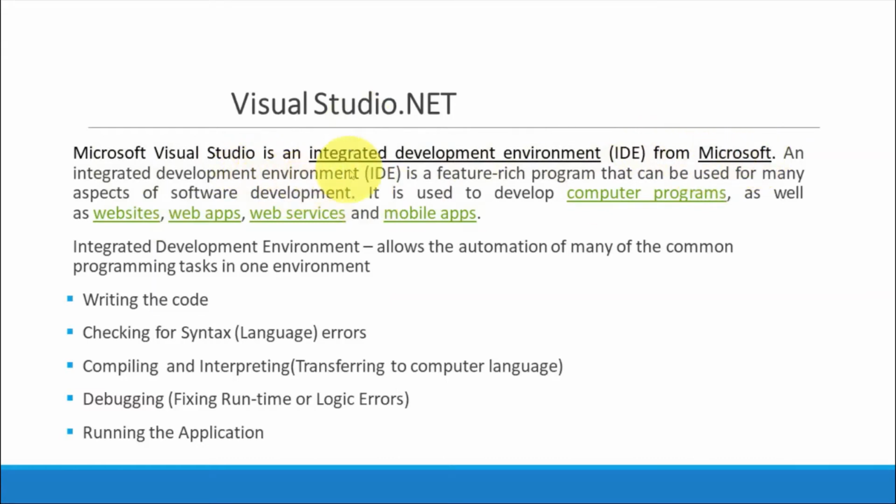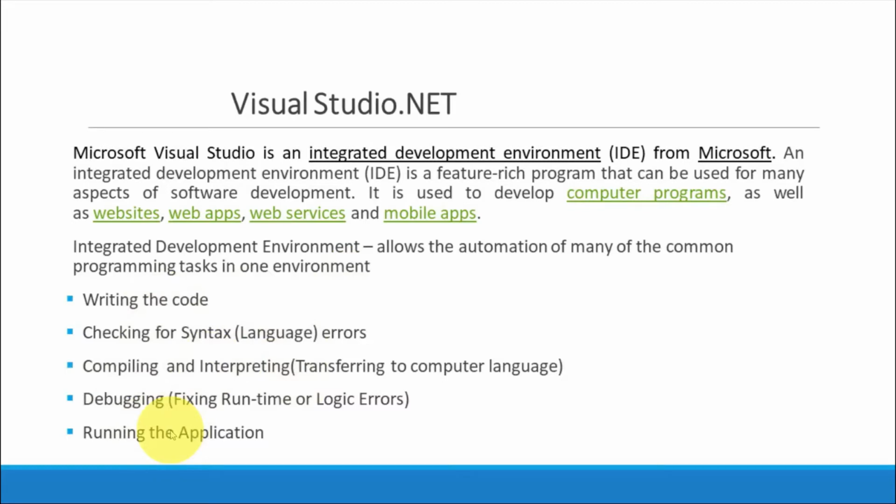An integrated development environment is a feature-rich program that can be used for many aspects of software development. So it is used to develop computer programs as well as websites, web apps, web services, and mobile apps. It is full of rich features for developing programs. An integrated development environment allows the automation of many common programming tasks in one environment, like writing the code, checking for syntax errors, compiling and interpreting, debugging, and running the application.